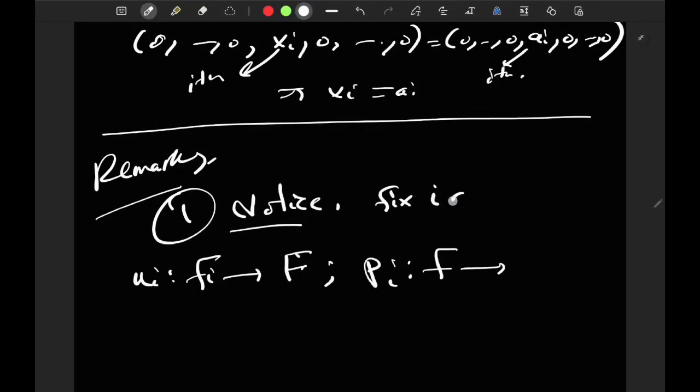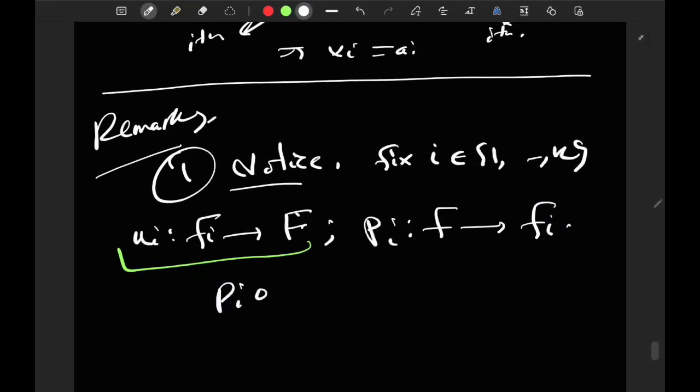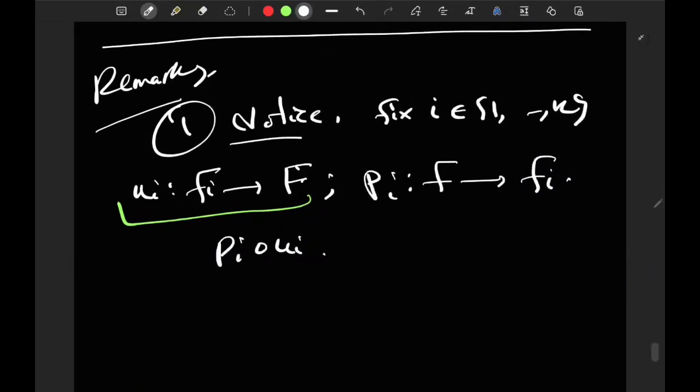Fix some i between 1 and k. The u_i is going from F_i into F, injecting your element into the product, and p_i is projecting your vector onto the ith component, going from F to F_i. So I can do p_i after u_i. What happens?